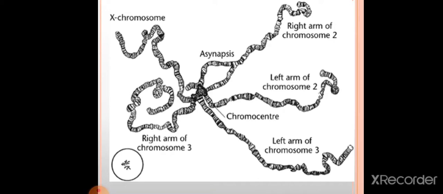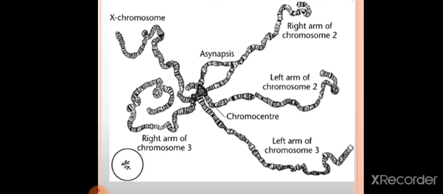Here this polytene chromosome is found in the form of 4 long and 1 short limb radiating from a single, more or less amorphous mass known as chromocenter. So it is in this region of chromocenter that the centromeres of all these chromosomes are attached. So all the limbs originate from this chromocenter.